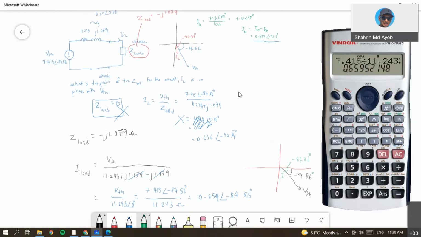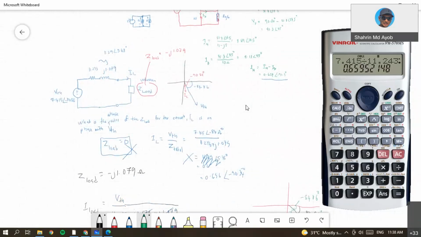So here you can see that the only element that can provide this kind of in-phase relationship is the resistor. If your circuit contains only resistor, your voltage and current will always be in phase.